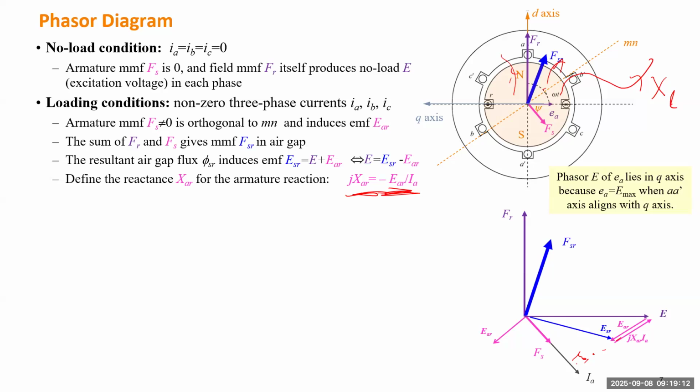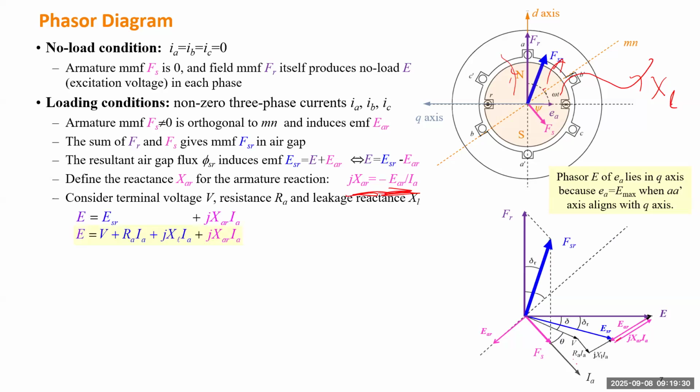So we have to consider the voltage drop on the resistance and also the leakage reactance. We just call the external voltage V. I just use our conventional notation for voltage. So this is the ideal case, but actually we can only get this V, not even this ESR. So there will be a voltage drop due to resistance and a voltage drop due to the leakage reactance, and finally this is due to the armature reactance.